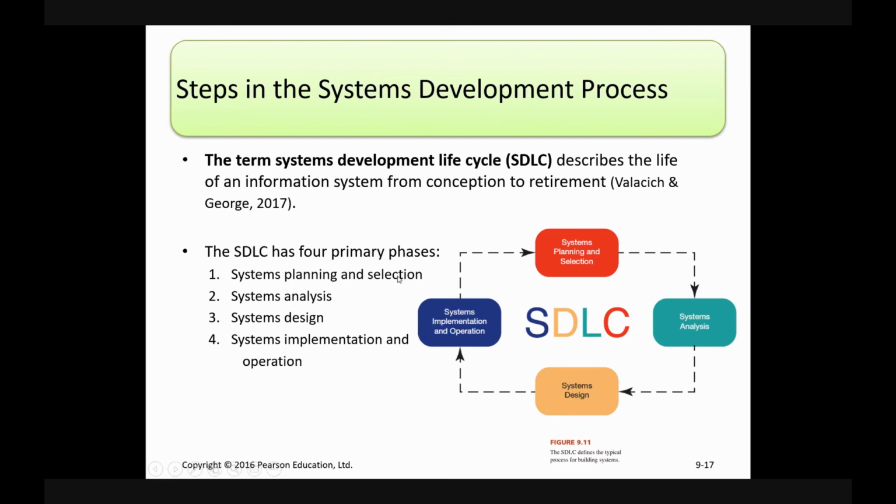The system planning and selection, the very first thing that you need. Then system analysis, system design, and system implementation and operation. For example, in your daily life, if you want to do anything, such as making tea, chai, the very first thing you need is planning and selection.